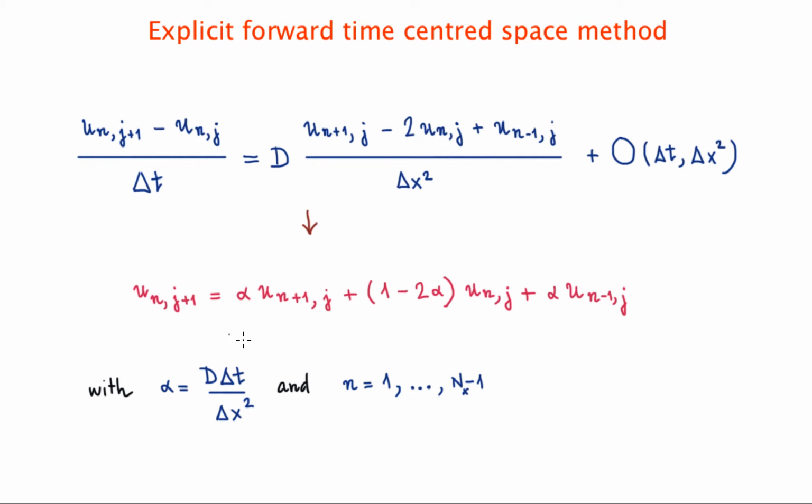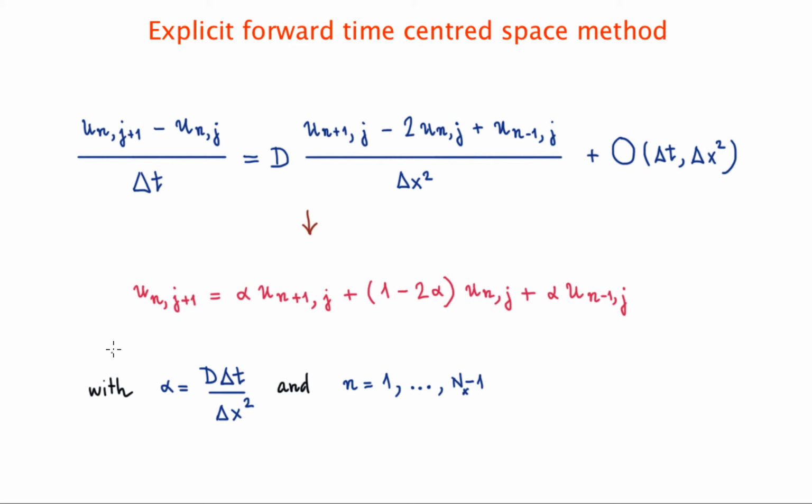So again, at each time step, these are the equations that we have to apply. Actually, these are nx minus 1 equations that we have to apply in order to get the values of the u function at all the x points, all the n points, and we have to do that for each time step.